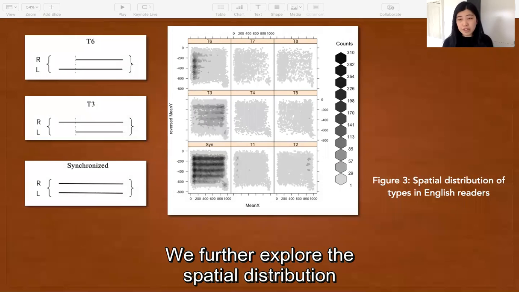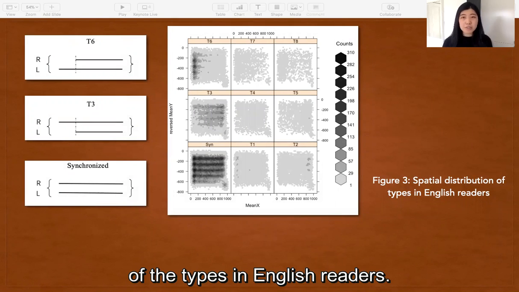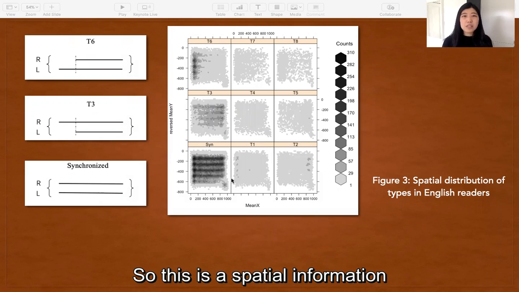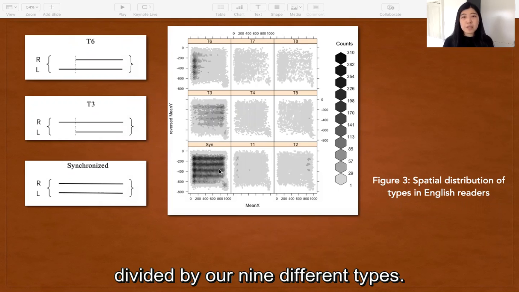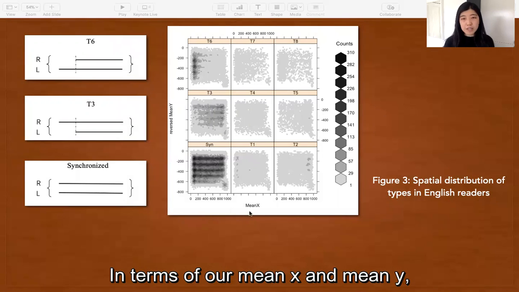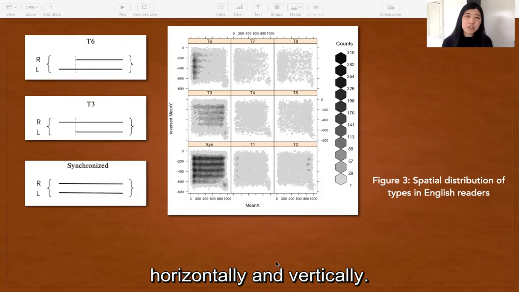We further explore the spatial distribution of the types in English readers. This is the spatial information of our binocular coordination divided by our 9 different types in terms of mean X and mean Y, horizontally and vertically.